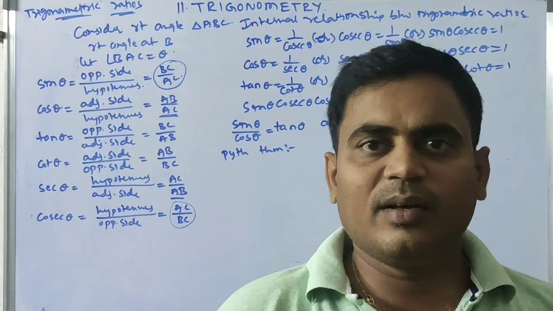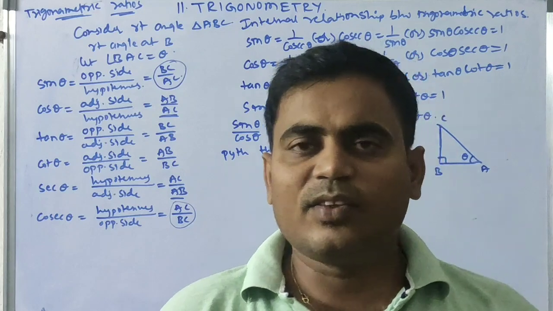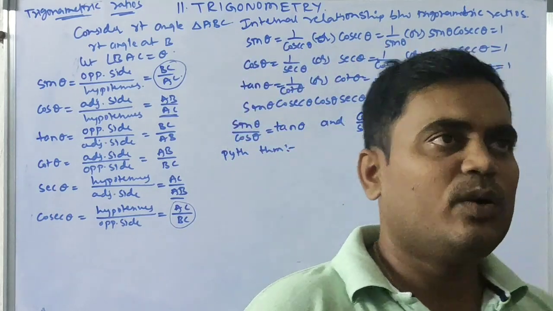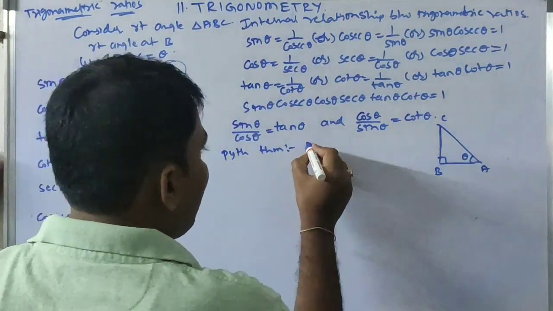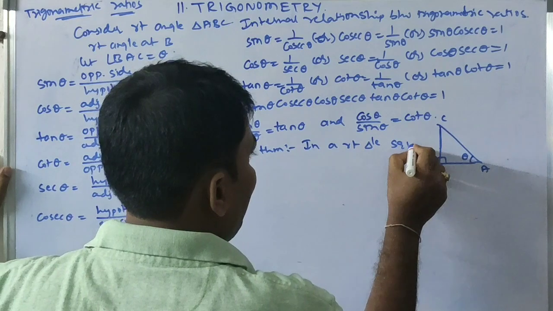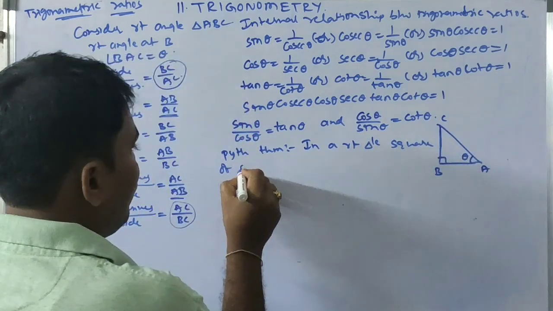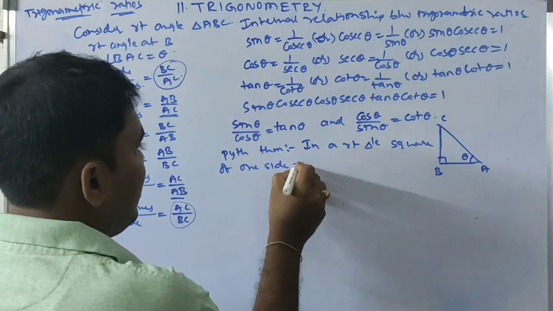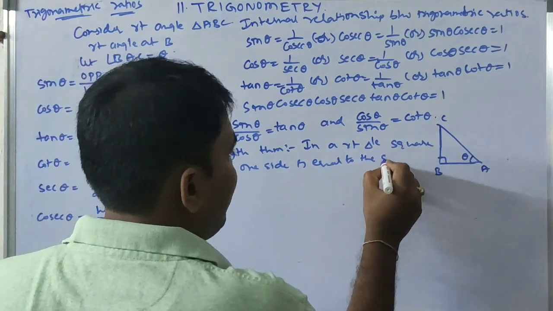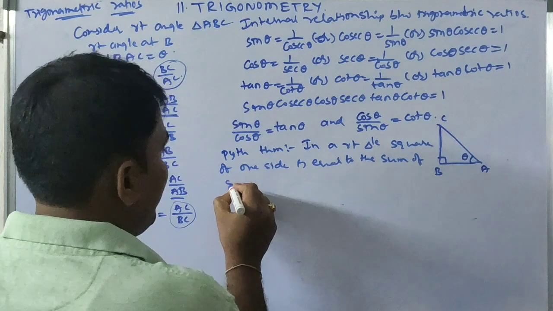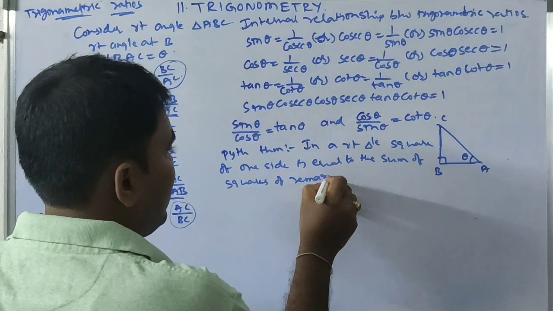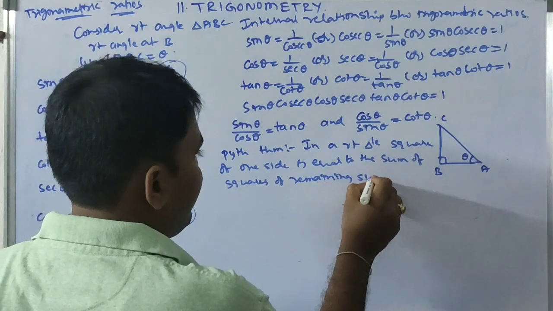In a right triangle, the square of the hypotenuse is equal to the sum of the squares of the remaining two sides. So in a right angle triangle, the square of one side is equal to the sum of squares of the remaining sides.